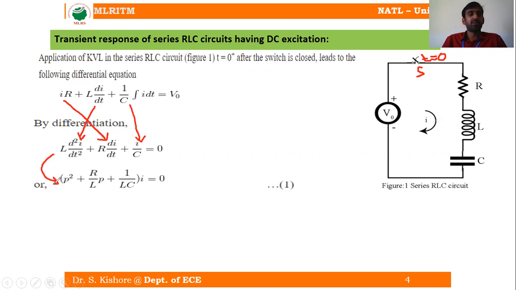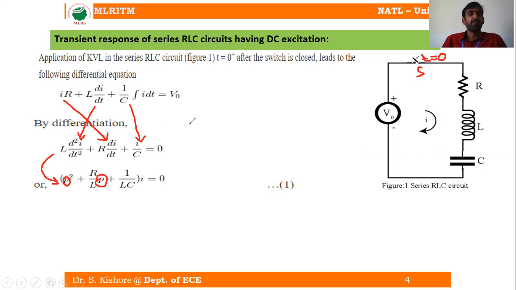Or we can write the same expression in this form, which is the popular equation in differential equations. P is nothing but the first order derivative, and P square means the second order derivative. Taking L as common in this equation and sending it to the other side, we have d square I by dt square.